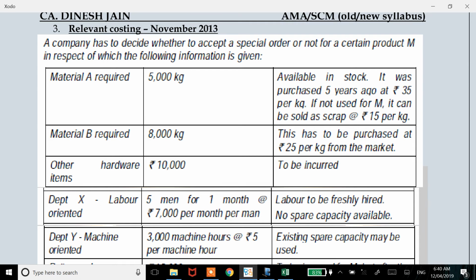5000 into what? I should multiply with what number? In stock, out of stock? Fast moving, slow moving? Slow moving, I'll sell it off for 15 rupees.